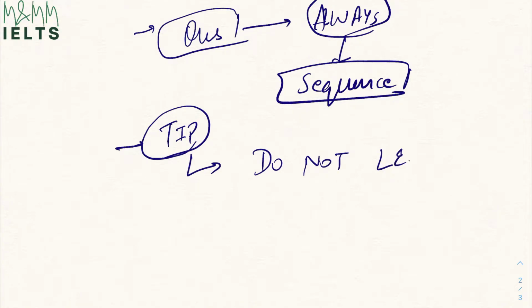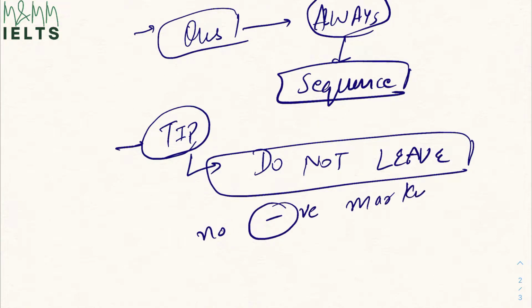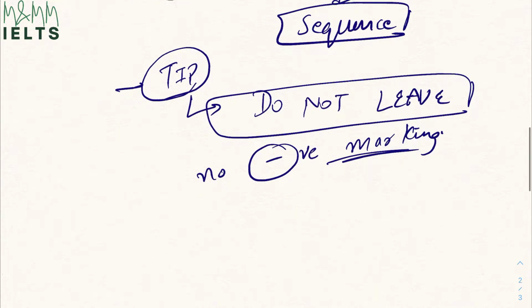The reason is that there is no negative marking, which simply means that even if you get the answer wrong, it will not negatively impact your score. So always put something in place. Obviously your first preference needs to be picking the correct answer, but if for some reason you miss the audio, just pick whichever option you feel is the correct or closest answer, put that in and move on. If you get it right, you get marks. If you get it wrong, you don't lose marks. Very simple.